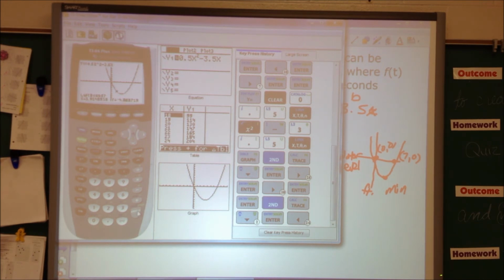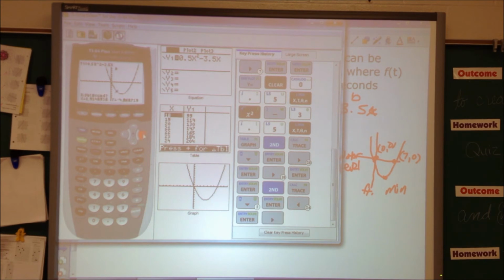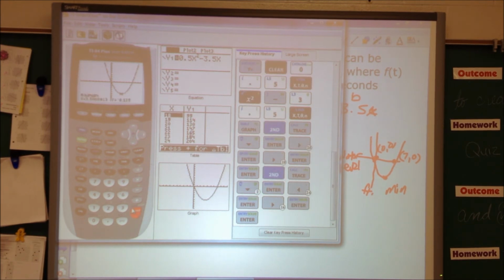There we go, hit enter. And now I'm going to go over to the right of it, because it wants the right bound. So the right side of the vertex. I'm going to go up a little bit just to make sure I'm up off the vertex. Hit enter, and it says, do you want to guess? We hit enter again. And I find out that at 3.5, y is negative 6.125.